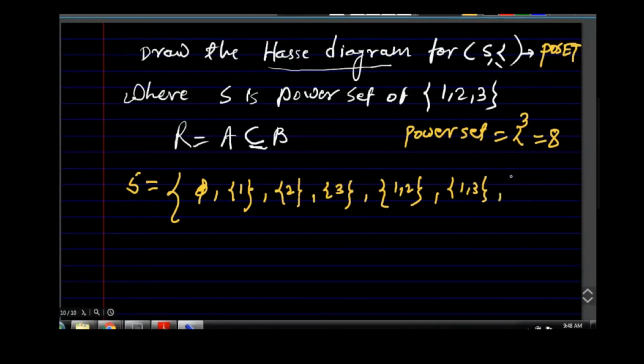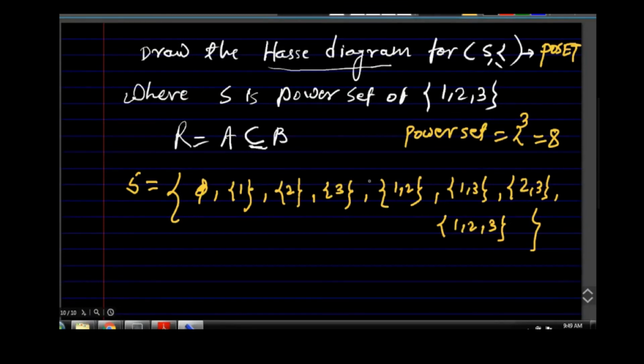Which one is remaining? {2, 3}. And finally, one more element, {1, 2, 3}. Am I right about the power set? So these are the elements of the set. How many elements? 1, 2, 3, 4, 5, 6, 7, 8. Okay, so we have considered all the elements of the set.